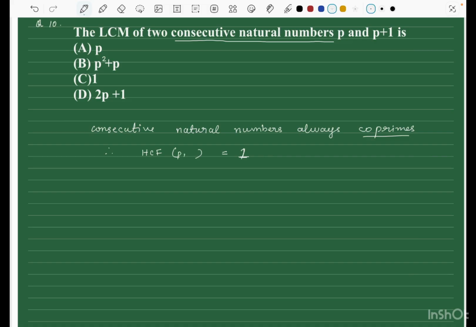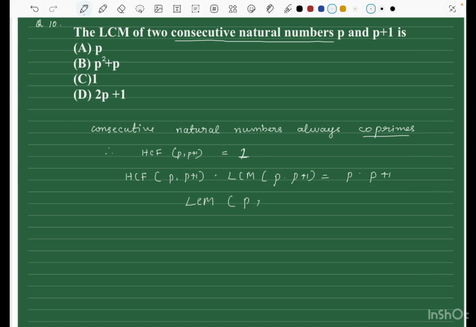Here we have the numbers p and p plus 1. So HCF of p and p plus 1 is always 1. Then we can say that HCF of p and p plus 1 into LCM of p and p plus 1 is equal to the product of the numbers, p into p plus 1.